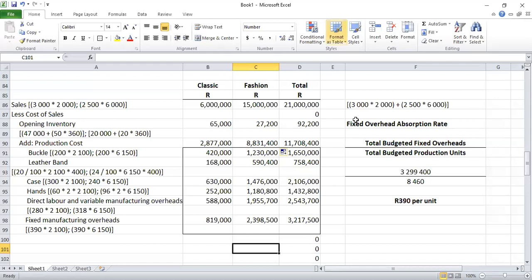That actual activity, you only knew at the end. I repeat, overhead absorption rates are always calculated using budgeted data unless told to use actual data. Unless there's an explicit instruction to determine your overhead absorption rates using actual data. All right. Okay, thank you.